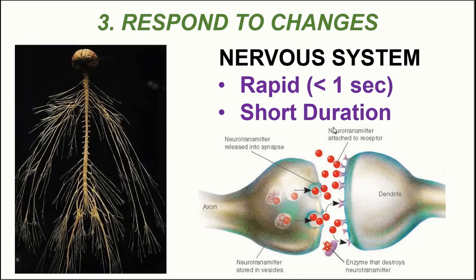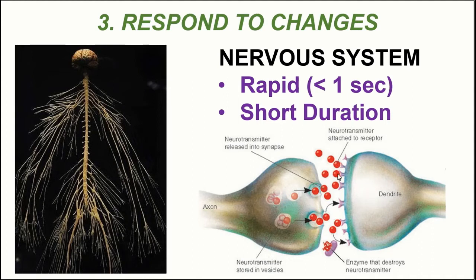The reason why the nervous system's responses are short in duration is that as soon as the neurotransmitter stops being released by this neuron, the receiving cell is no longer influenced because the neurotransmitter is no longer present in the space between the neuron and the receiving cell here.